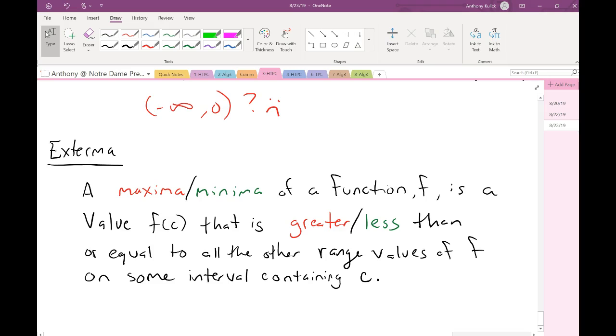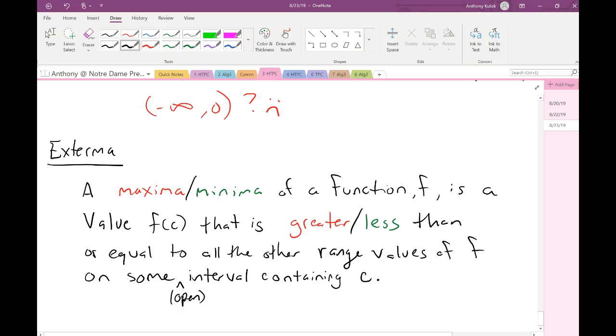We say a maxima or minima of a function f is a value f of c that is greater or less than or equal to all the other range values of f on some interval containing c. And maybe we should say some open interval.